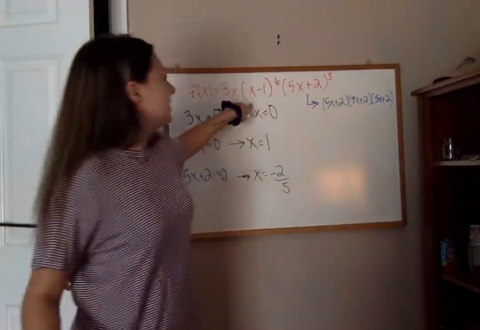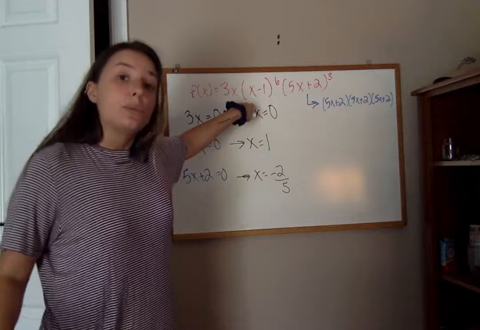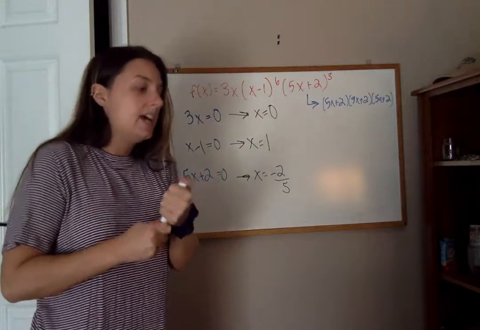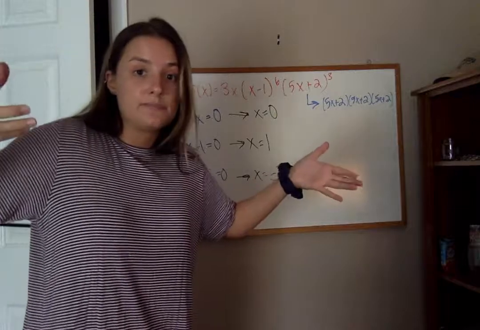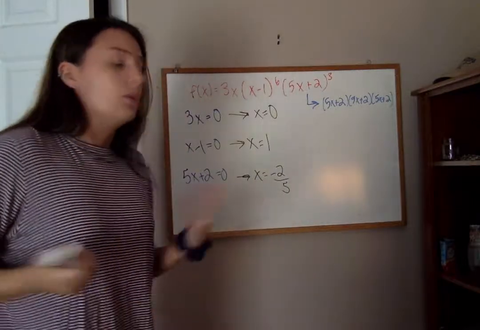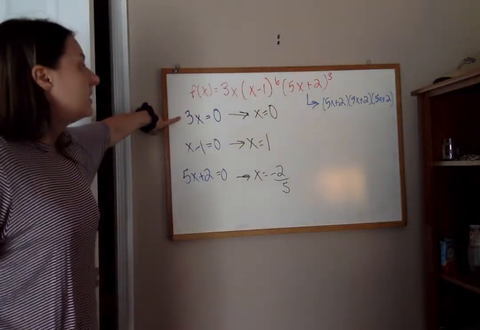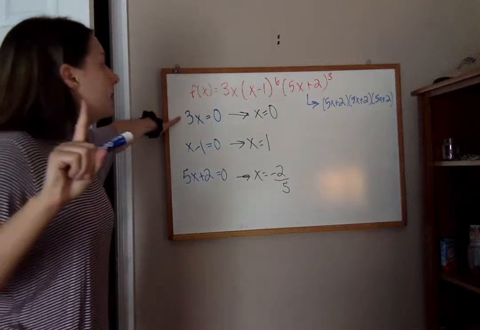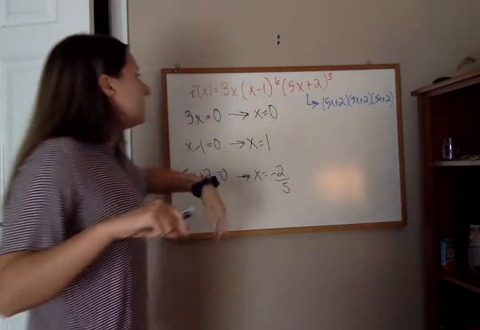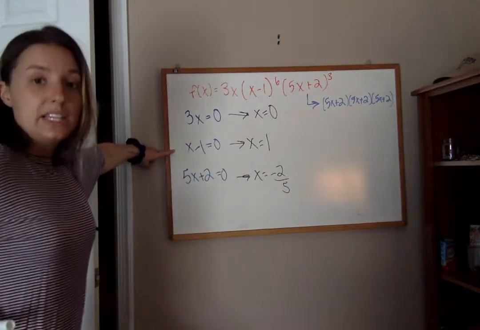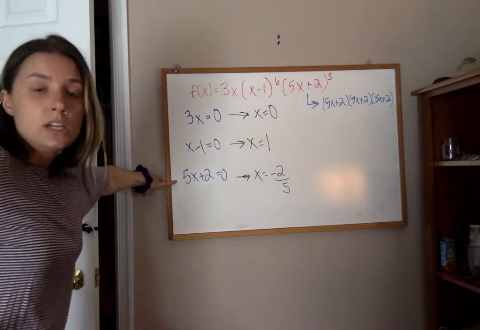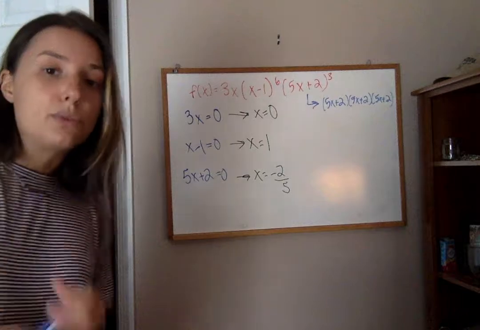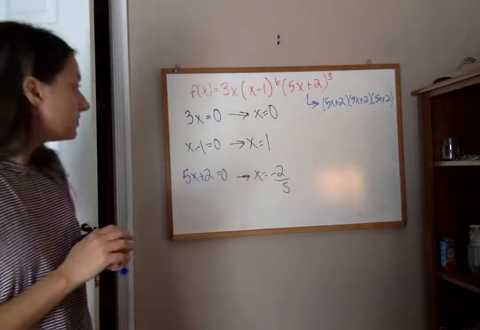And I could do that with this one 6 times. So the multiplicity is telling me how many times this root is appearing in this function. The multiplicity for this one is going to be just 1. There's like a 1 up here, right? Multiplicity for this one is going to be 6. Multiplicity for this one is going to be 3. So your exponent tells you what the multiplicity is.